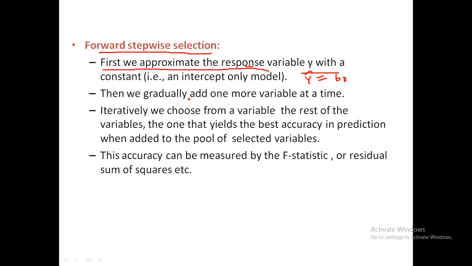Then gradually, or sequentially, we add one variable at a time. Iteratively we choose, from the rest of the variables, the one that yields the best prediction accuracy when added to the pool of selected variables.